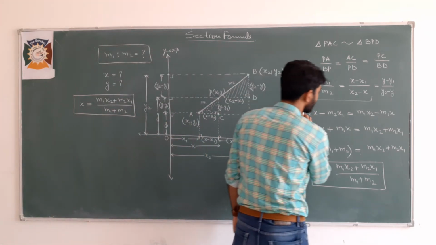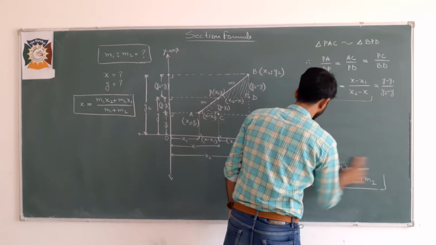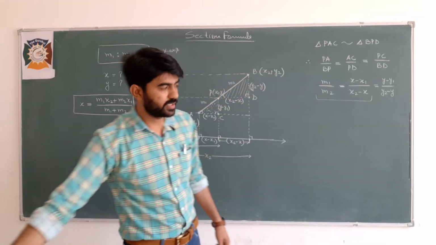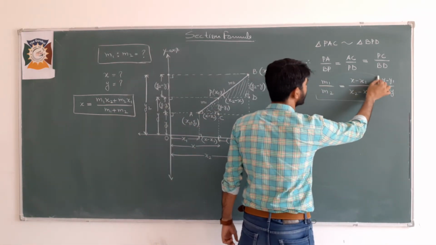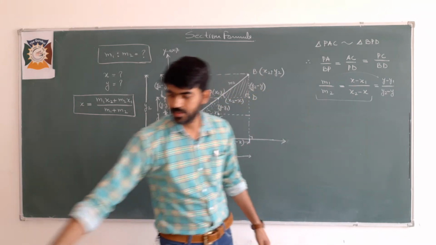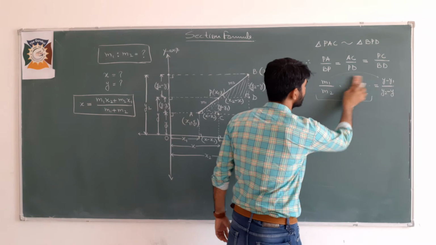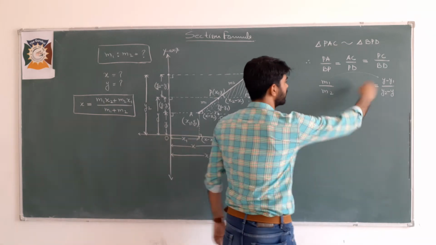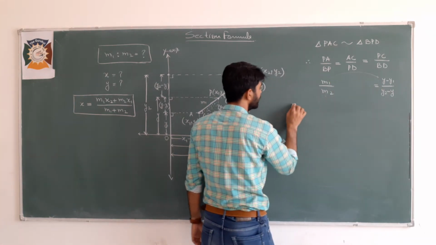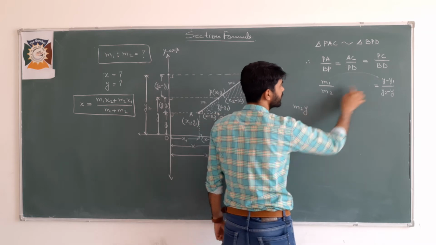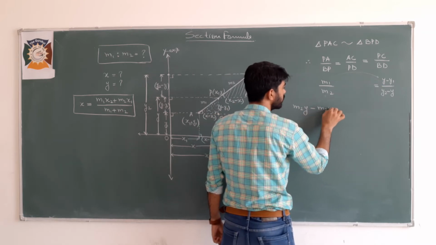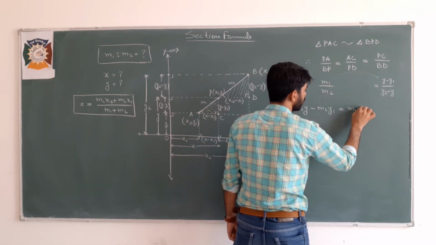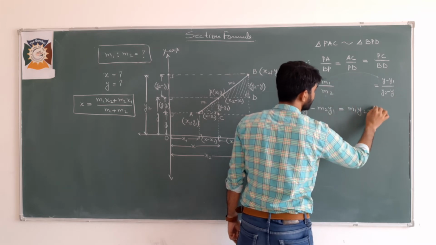Similarly, if I take this one and cross multiply them, I am just rubbing this portion from in between. Now this is equal to this, cross multiplication again, so m2 into y minus m2 into y1 is equal to m1 into y2 minus m1 into y.